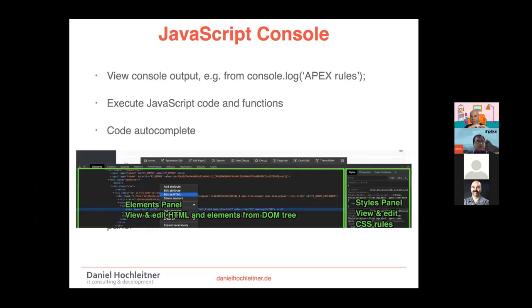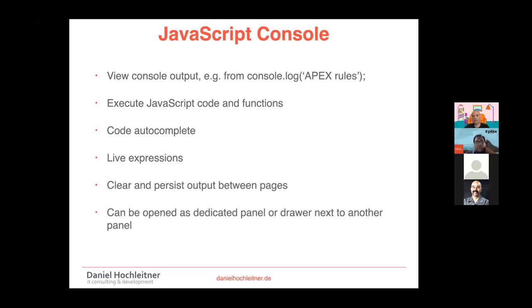It's a nice way to handle some outputting to the console. You can clear and persist output between pages. So if you change the page, normally the output is cleared in the console, but you can manage to persist it. And this is the only panel which can be opened as a dedicated panel next to each other.